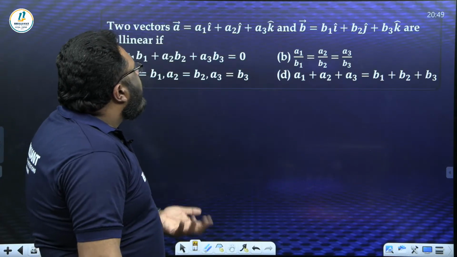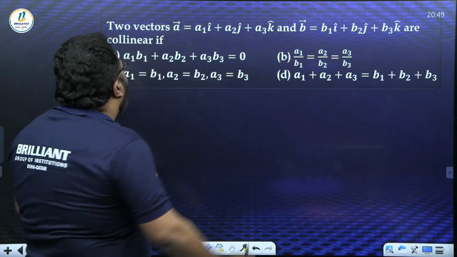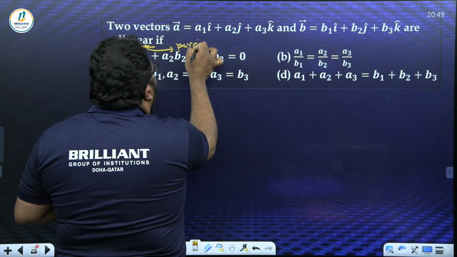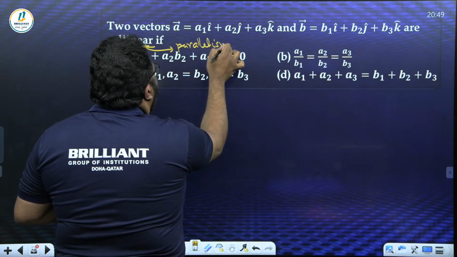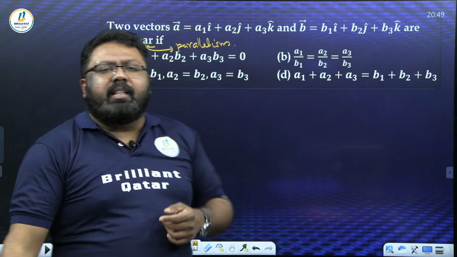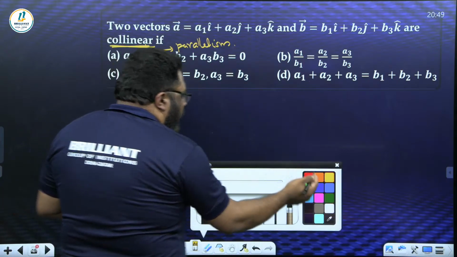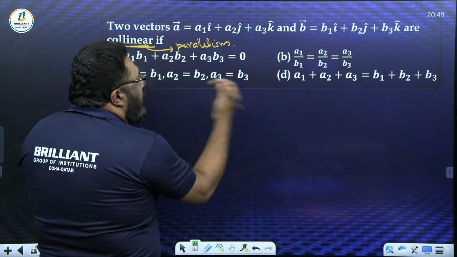Okay, next one. Two vectors A and B are collinear. Collinear is also referred to as parallelism. Collinearity and parallelism have the same condition. Two vectors to become parallel, I would want to revise the concept here.